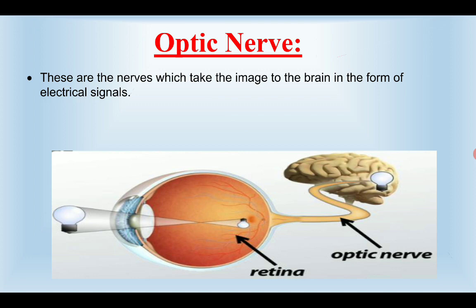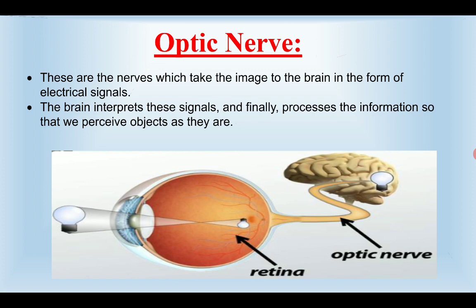These are the nerves which take the image to the brain in the form of electric signals, and the brain interprets these signals and finally processes the information so that we perceive the object as it is.